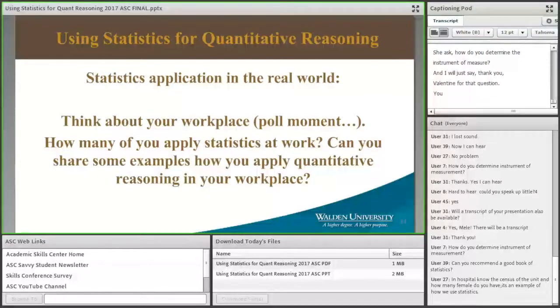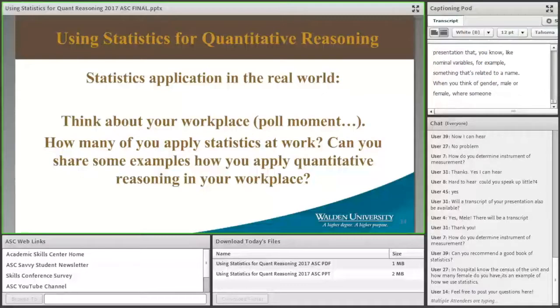You've got to pick which measure you're going to use, and it really all depends on the variable itself. Like we said earlier in our presentation, nominal variables, for example, are related to a name. When you think of gender, male or female, where someone lives, the color of someone's eyes, things of that nature, that's kind of considered a label.